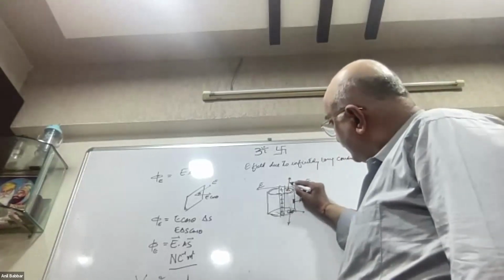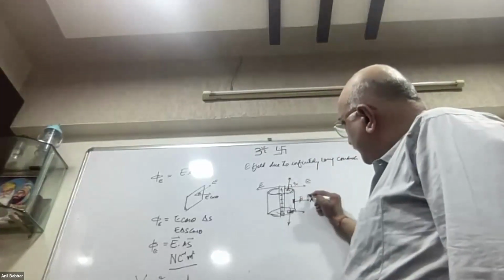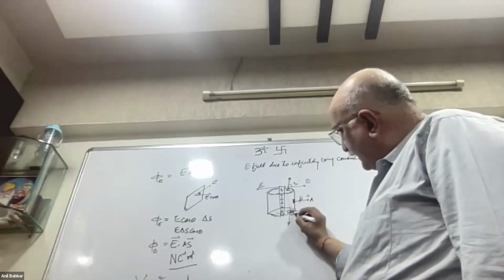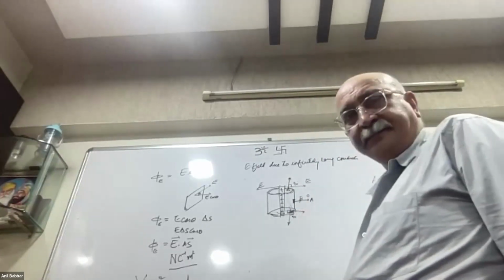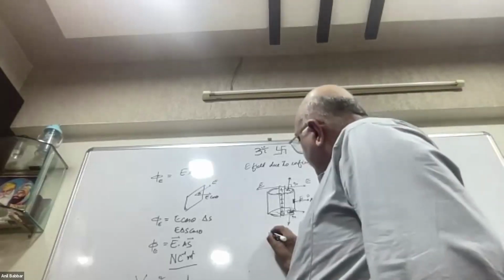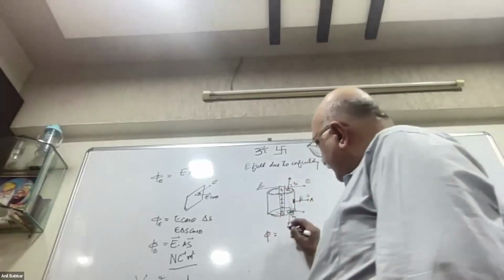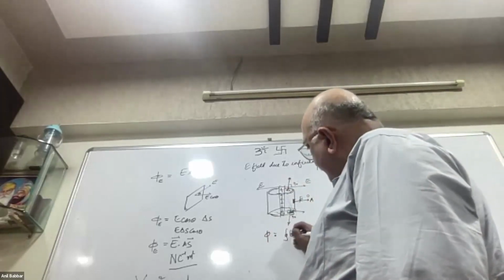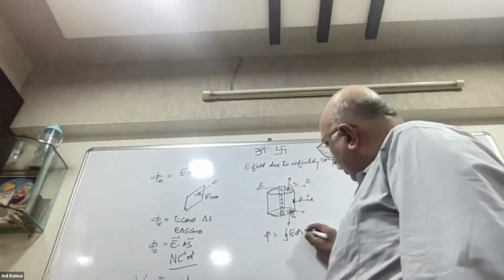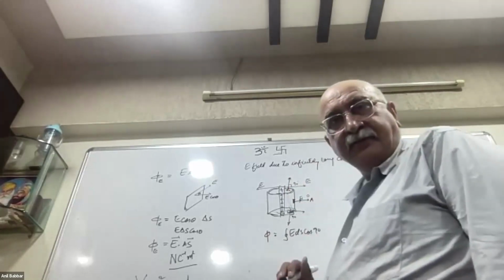First surface, E dA cos theta, where theta is 90 degrees here. Here it is 0 degree, E dA cos 0. Here it is again 90 degrees. Fine. So total flux will be equal to the sum of these three surfaces. Surface 1 is surface integral E dS cos 90.